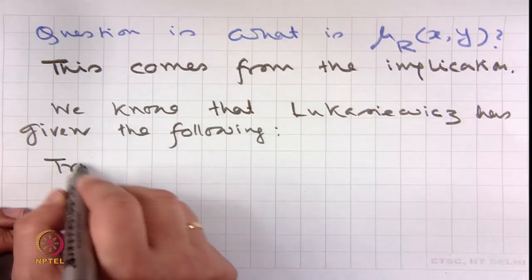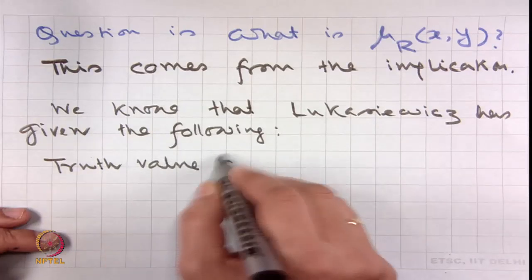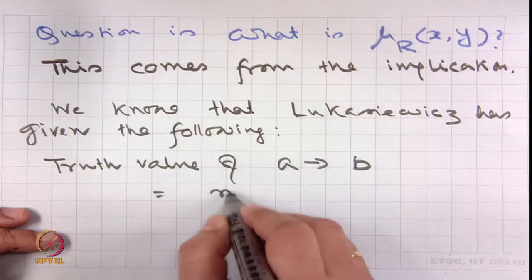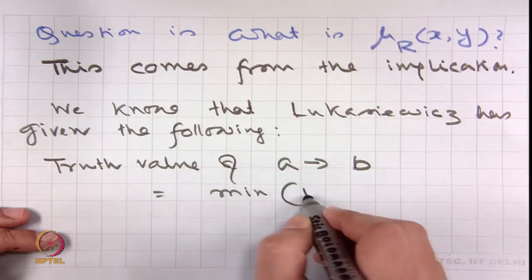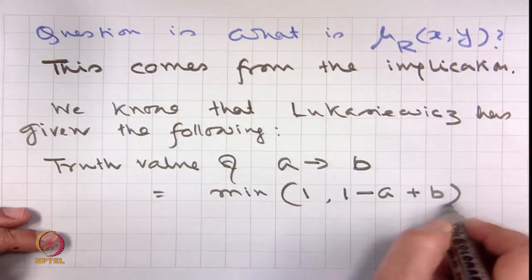Truth value of A implies B is equal to minimum of 1 and 1 minus A plus B.